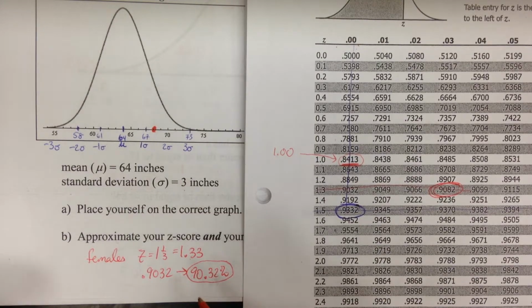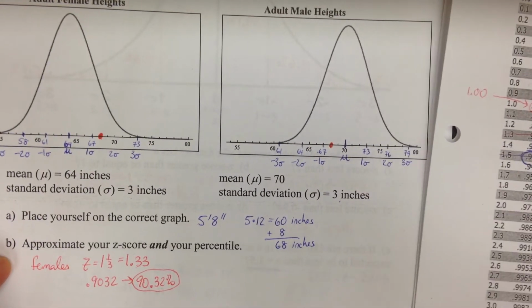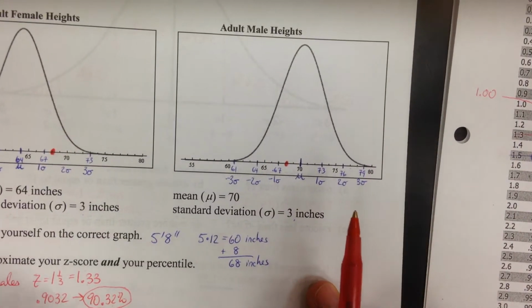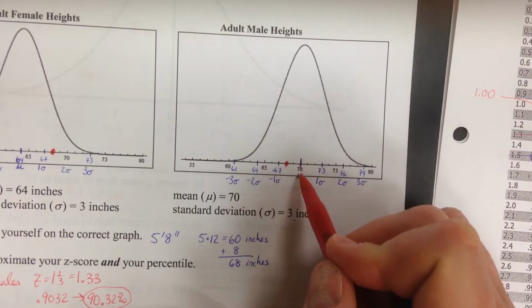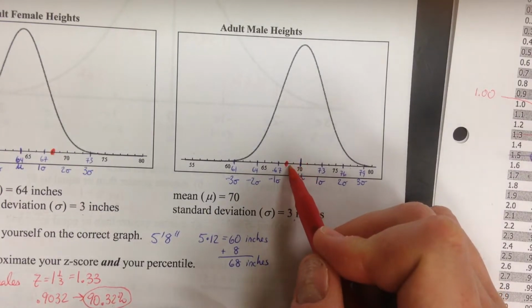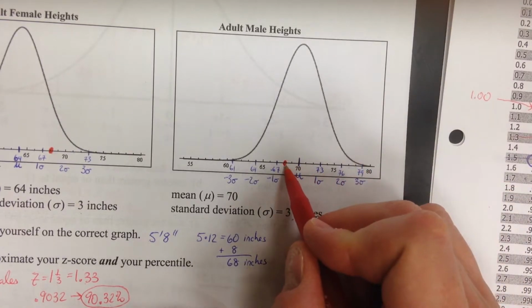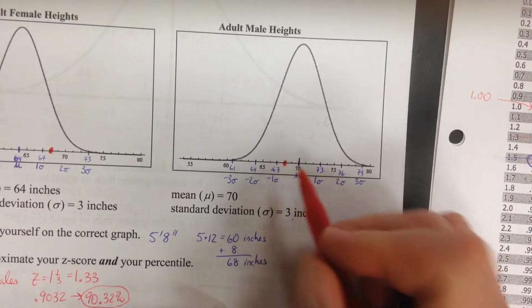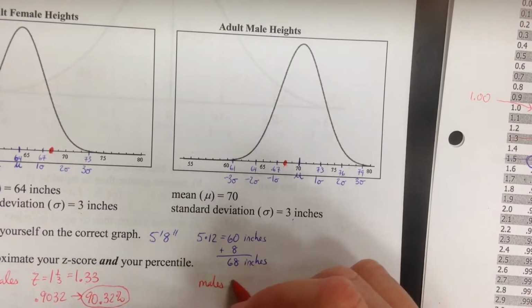All right, now let's say that we're 5'8", but we are male. So this time, we already plotted it, 68 inches. Notice it's a little to the left of the mean. So we're a little bit below what the typical average is. We are 2 inches below. So the z-score for males, it's going to be negative. I'm going to say z equals.